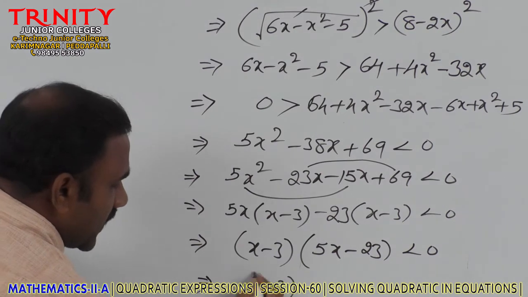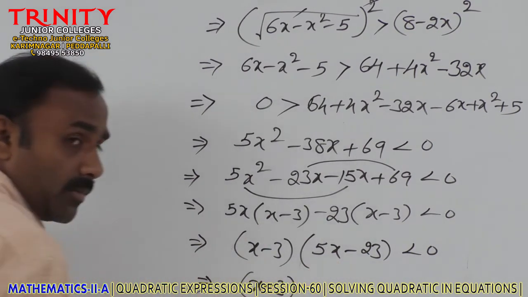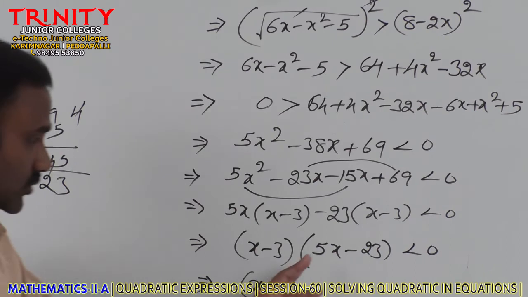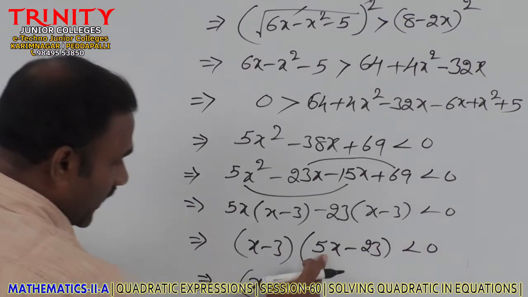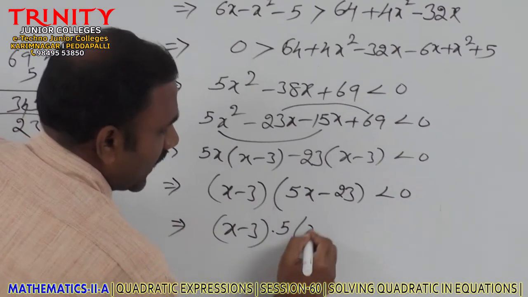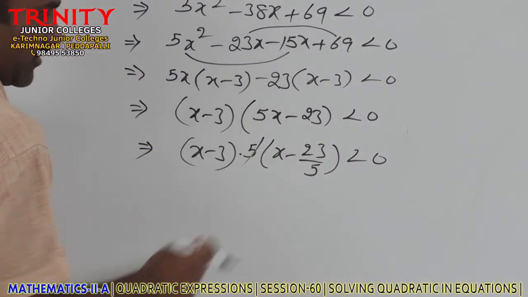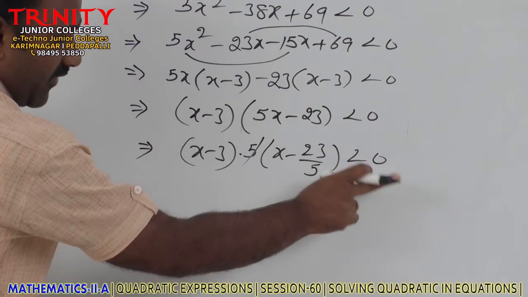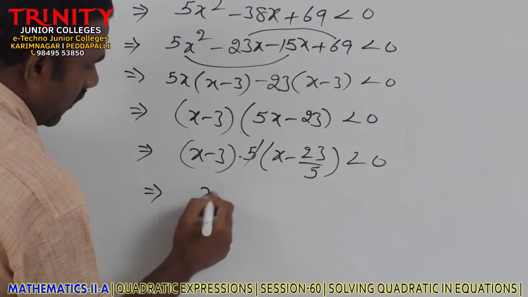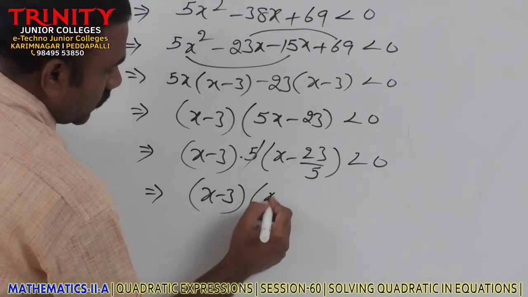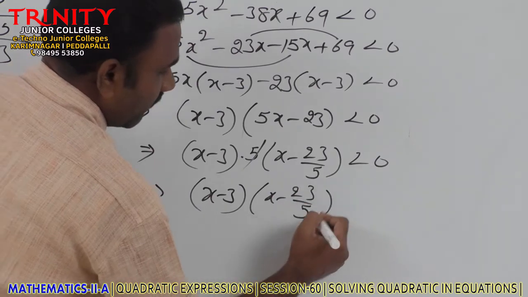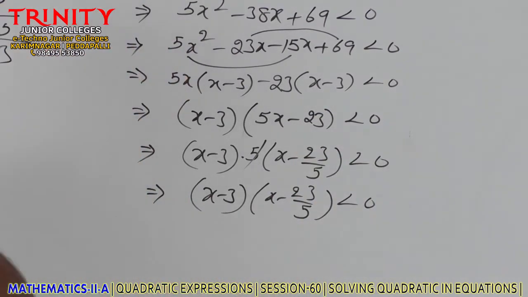Express this in the form of x minus alpha into x minus beta, where the x coefficient should be 1 only. That's why we are taking 5 as common: x minus 23 by 5 is less than 0. Then 5 will get cancelled, because 0 by 5 becomes 0. Now it is x minus 3 into x minus 23 by 5 is less than 0.